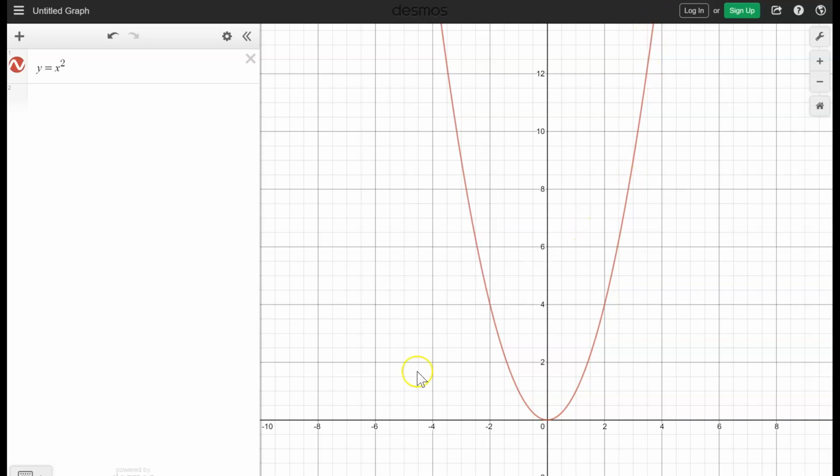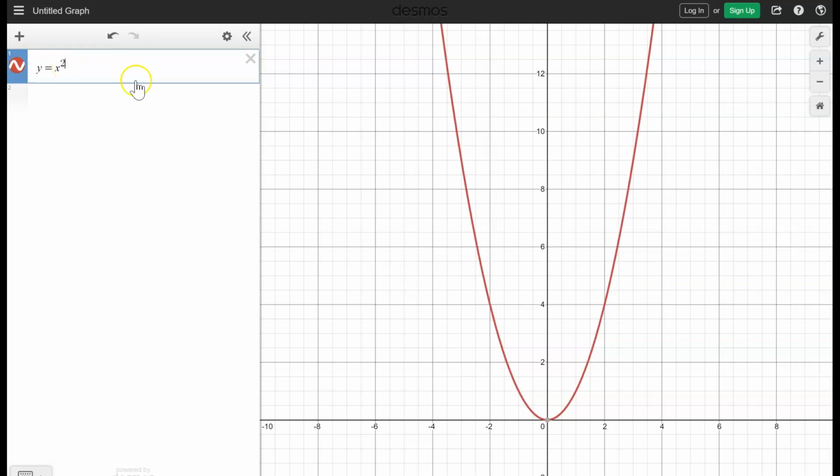Okay, so it seems that as x gets bigger in the negative direction and in the positive direction, you're always going to get positive y values. And that kind of makes sense, right? Because if you plug in that number in here, you're going to get a squared term, and when you square a negative, you just get a positive number.